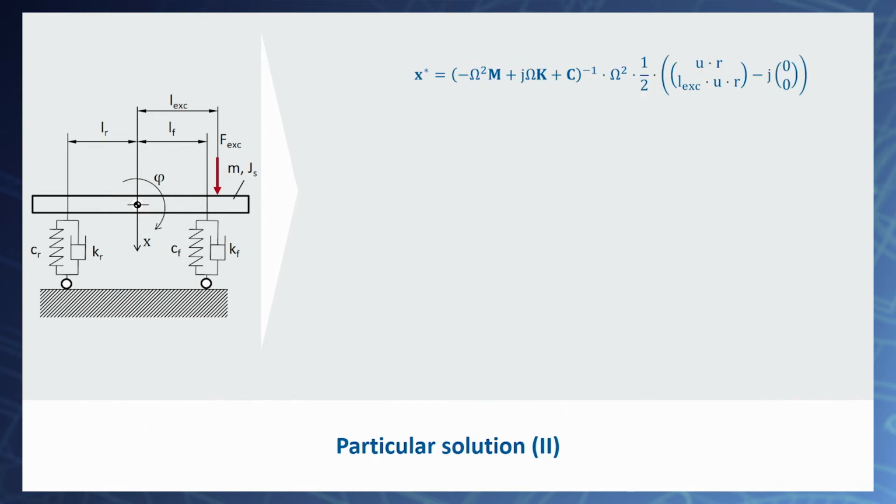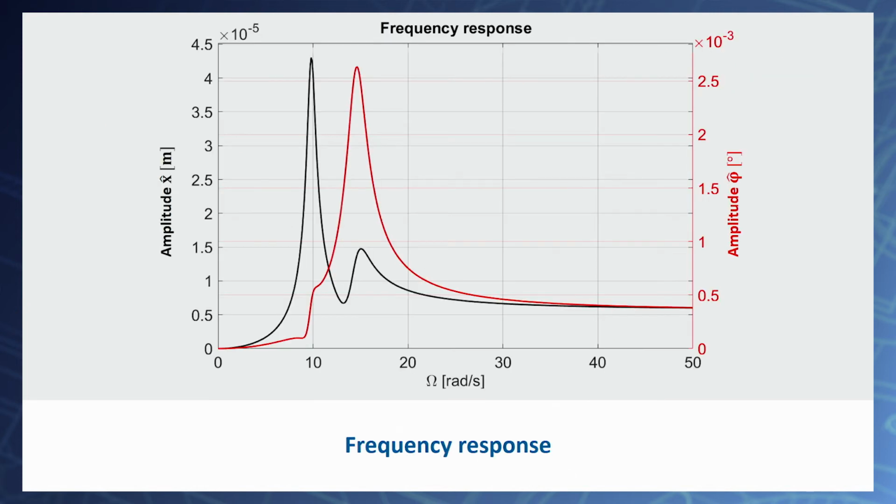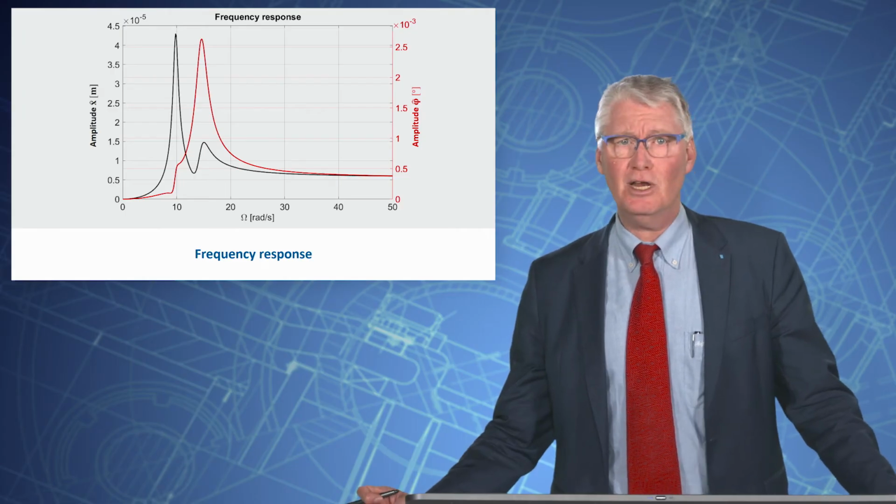So this is what we find, and obviously from this equation we can directly determine the real part and the imaginary part that we are interested in, in order to find the cosine related part and the sine related part, so that's easy to do. And from there we use the same formulas as in lecture 5.1 for X roof and phi roof. Nothing new about that.